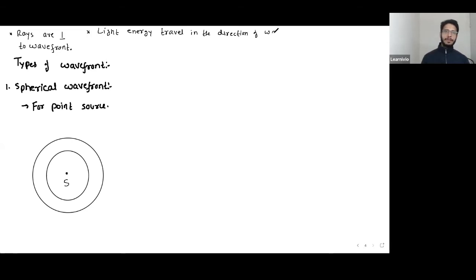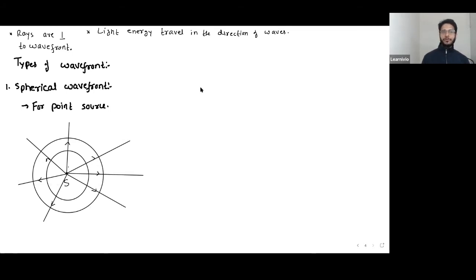It travels in the direction of the waves. So this is the direction in which your light energy travels. If this is a wavefront, this is the direction of rays. Rays are perpendicular to the wavefront. So these are rays for a point source.